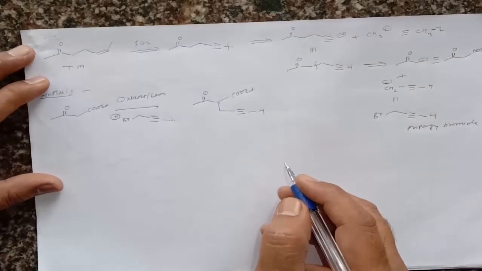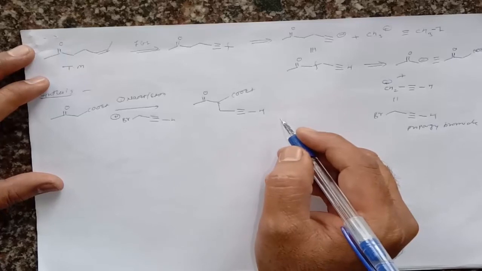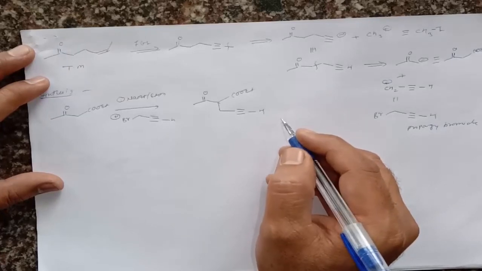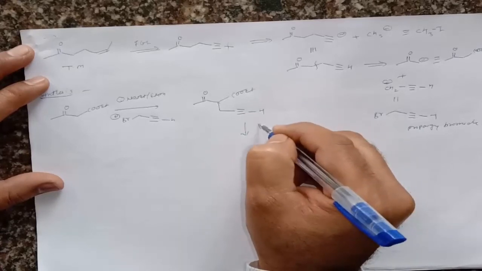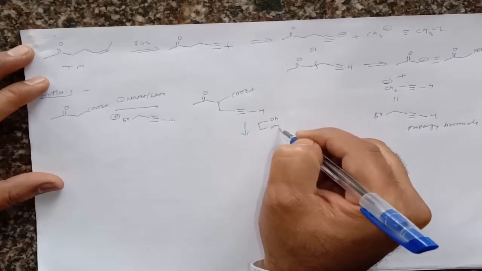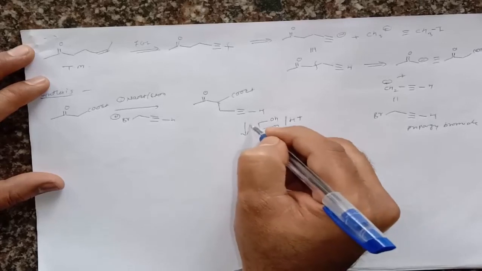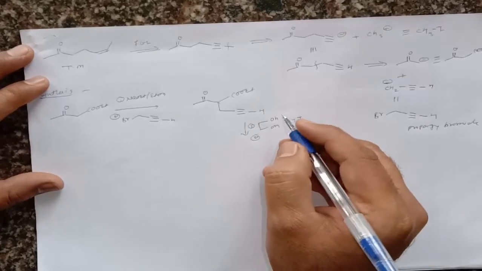Then we have to protect this group by using a diol, because there is a ketonic functional group, and this ketonic functional group we have to protect. Then we have to do decarboxylation.